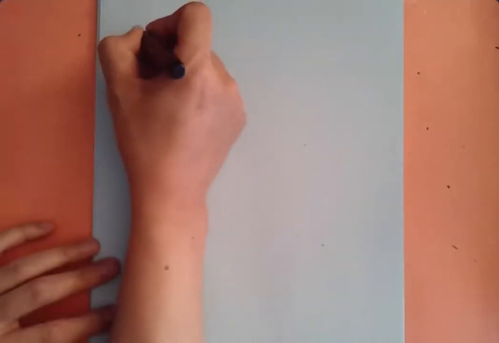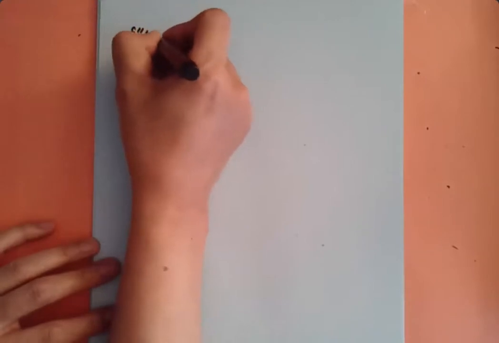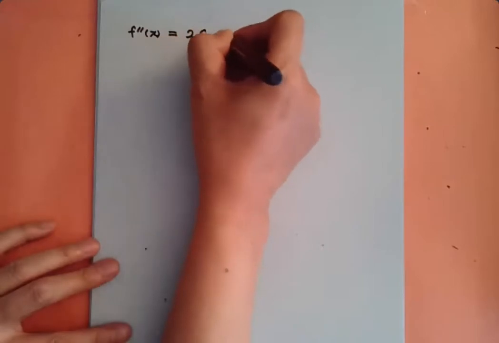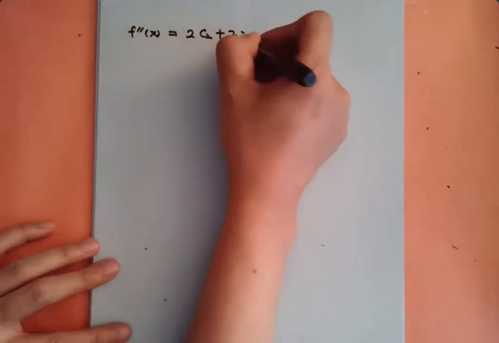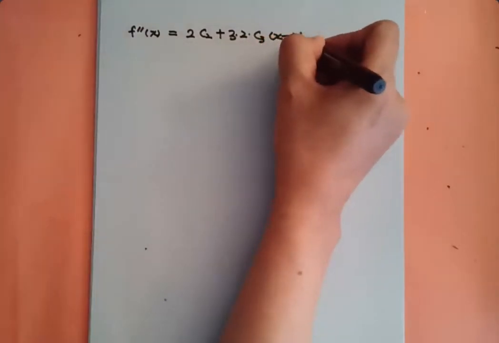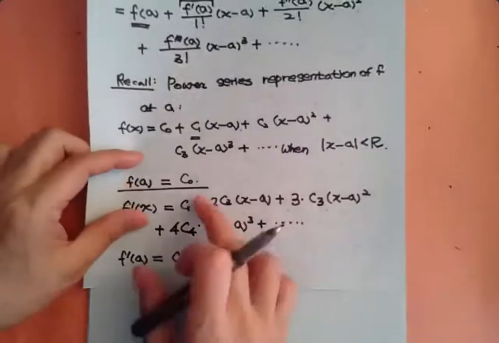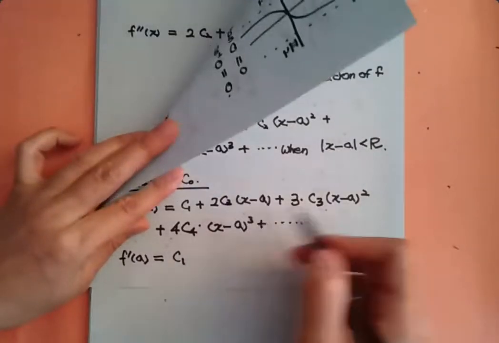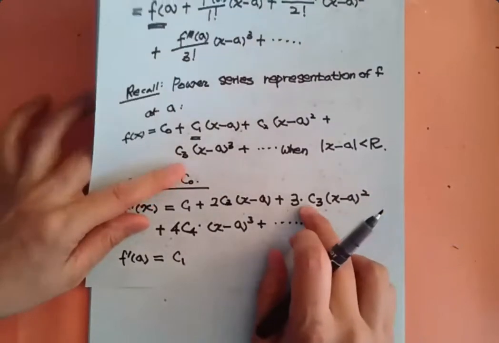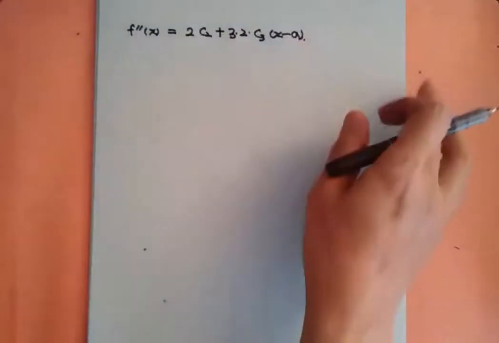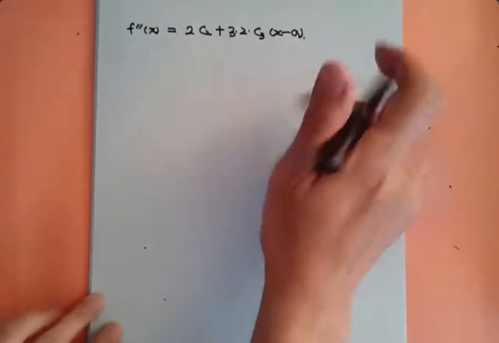And the second derivative of f of x equals 2 times c2 plus 3 times 2 times c3 times (x minus a). So the first one will vanish, and then we have 2 times c2, and then the 2 is here, and so 3 times 2 times c3, with one less power, (x minus a).